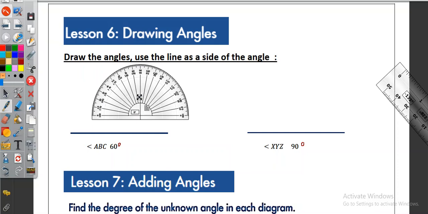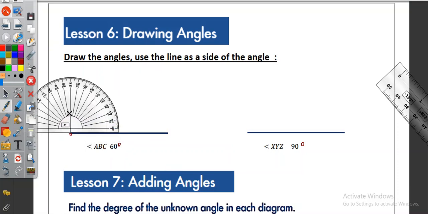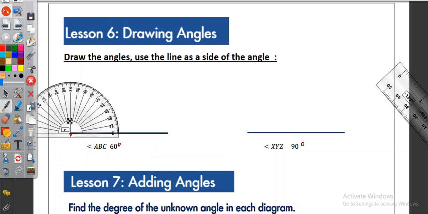Then identify where's the start point. Let's say it's this here, so I'm gonna draw the point. Bring the protractor, place the center of the protractor exactly on the point that you chose. Then go starting from the 0 to the 60. 10, 20, 30, 40, 50, 60.